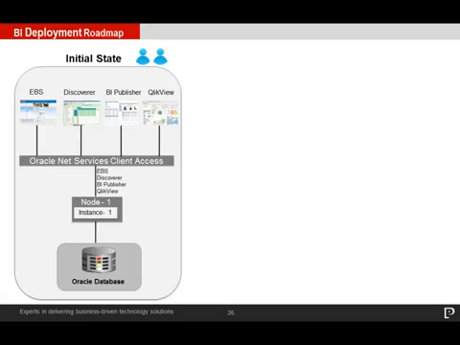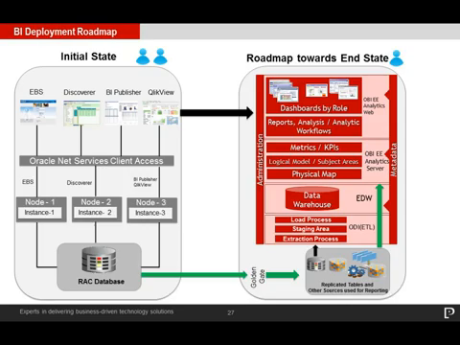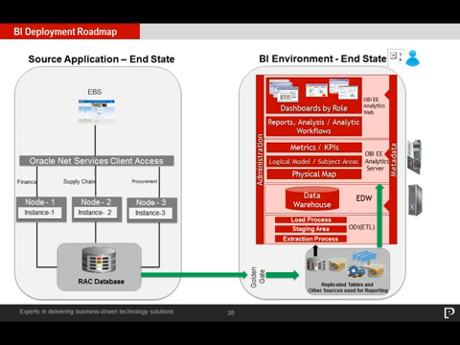Going back to the roadmap, this was the initial state: a single instance of Oracle database, multiple applications, running into a lot of performance challenges. We initially started with setting up a RAC database to help them get a performance benefit while we were looking to migrate all of their reports from Discoverer and BI Publisher onto the enterprise data warehouse that we were trying to build.